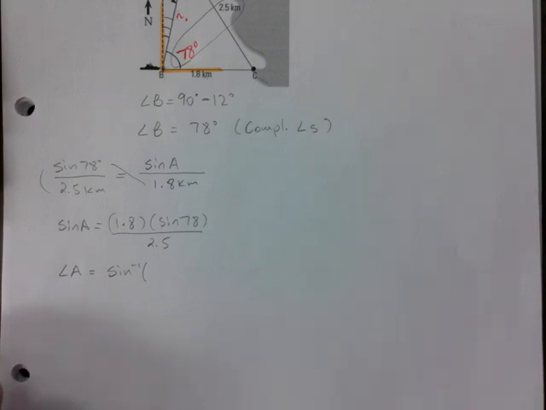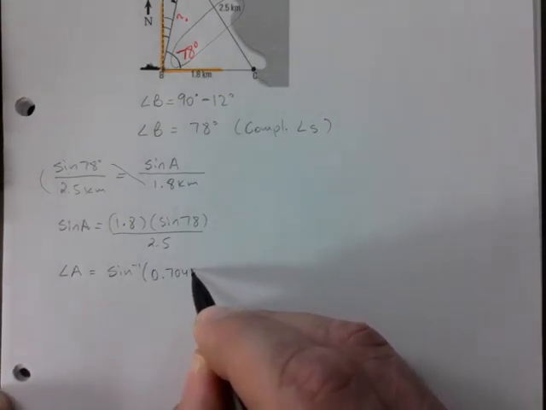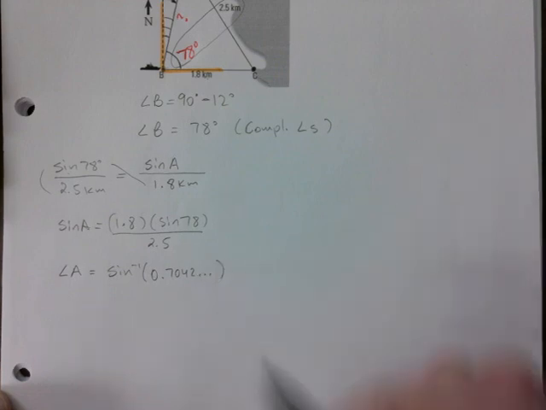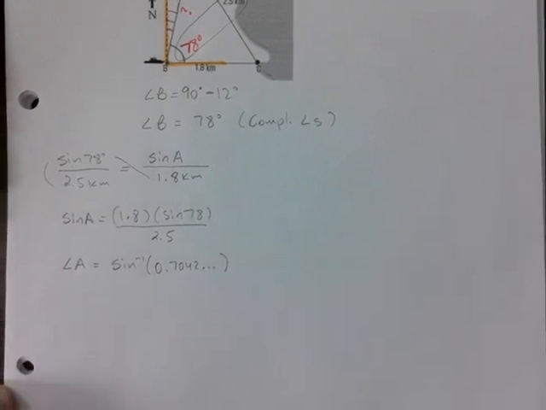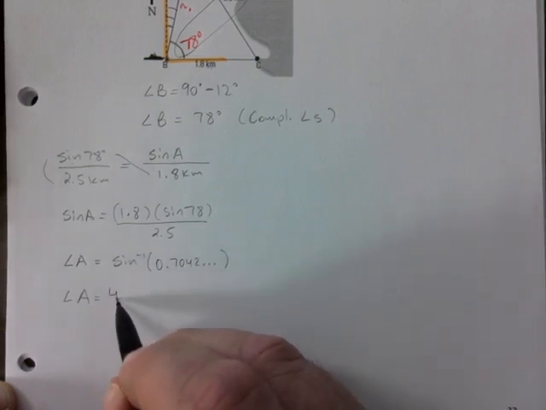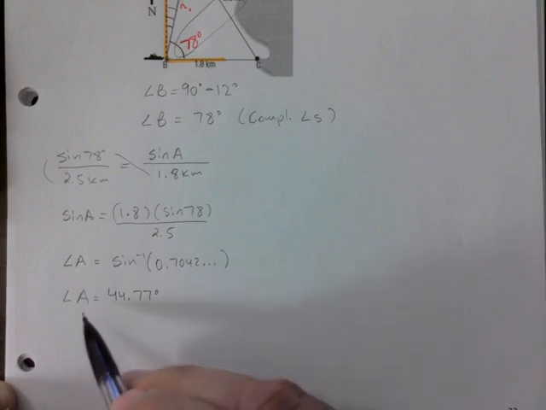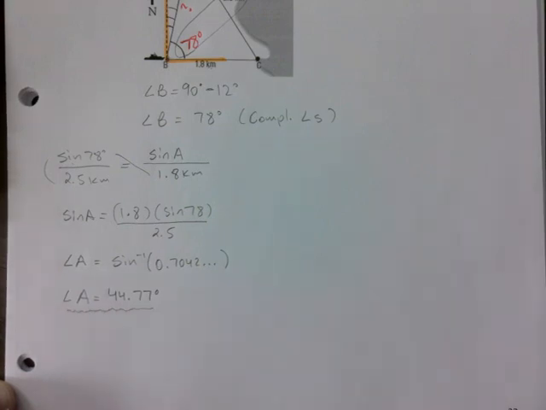And because of time, I'm going to just give you what this should be. There you have it. Angle A ends up being 44.77 degrees. Not the final answer, but important.